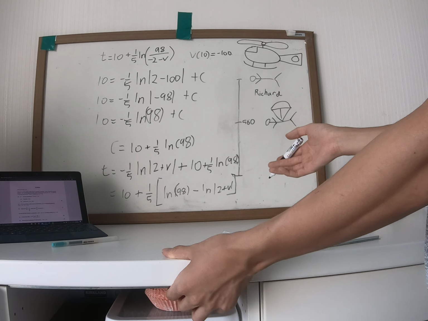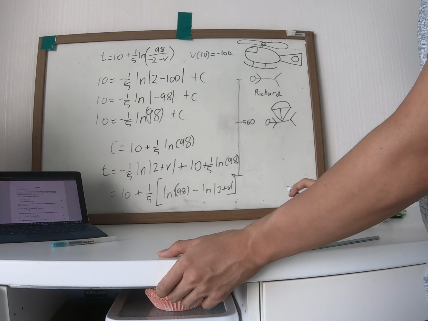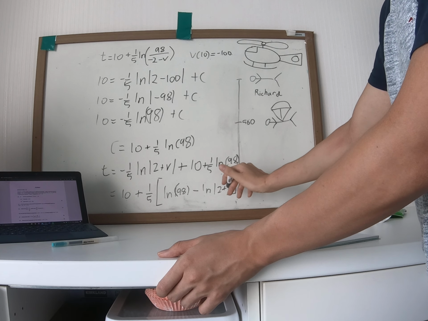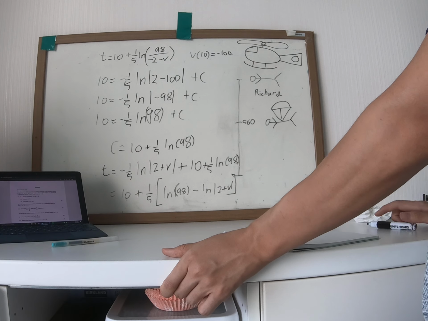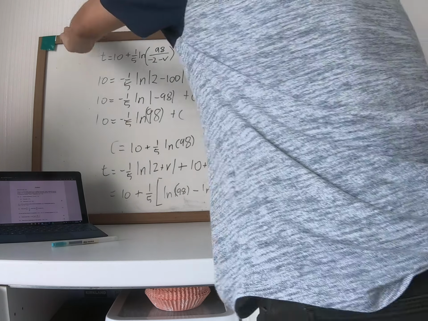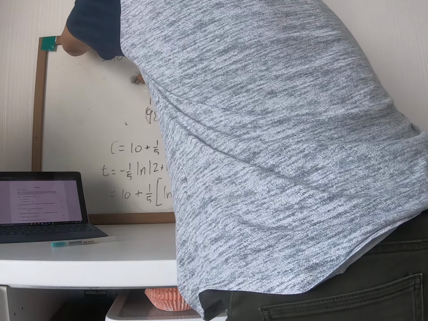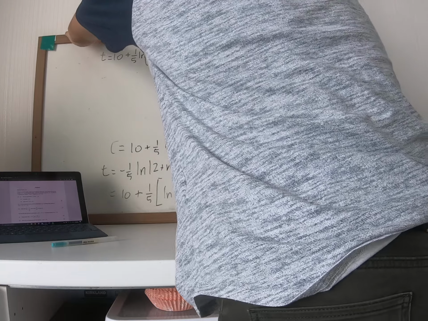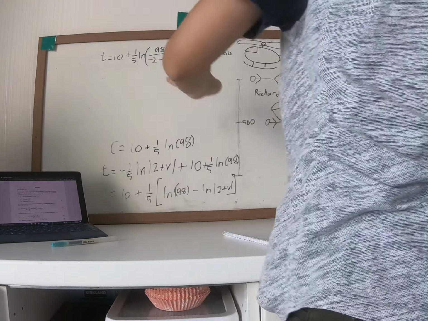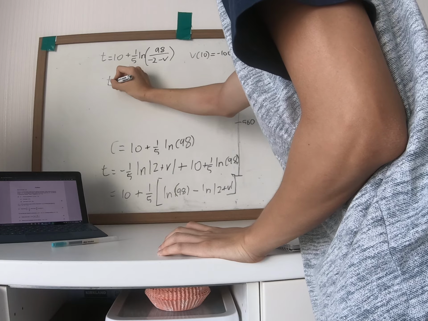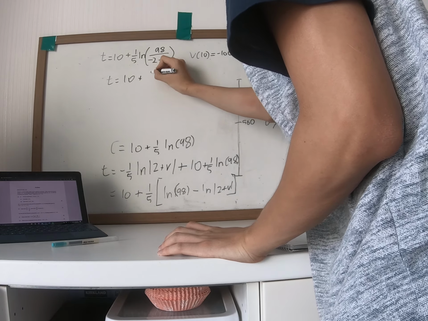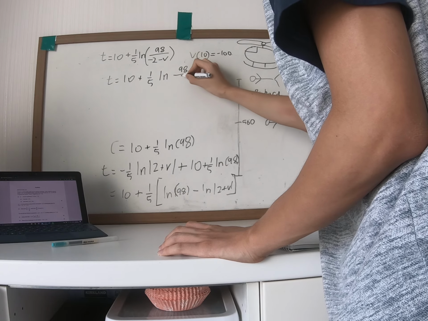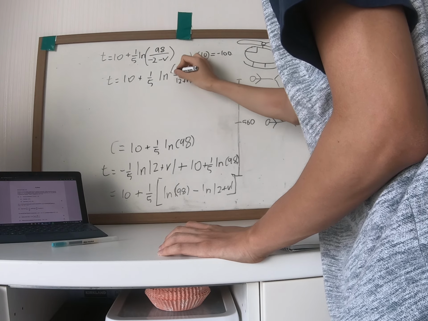Now, knowing the operation between logarithms, a negative sign can just move this value to the bottom as a denominator. So what we can get is t equals 10 plus 1 over 5 ln 98 over absolute value of 2 plus v.